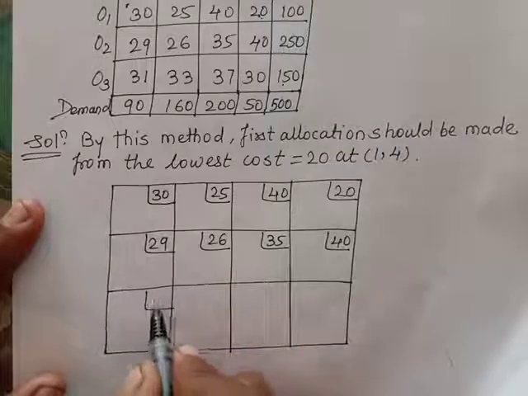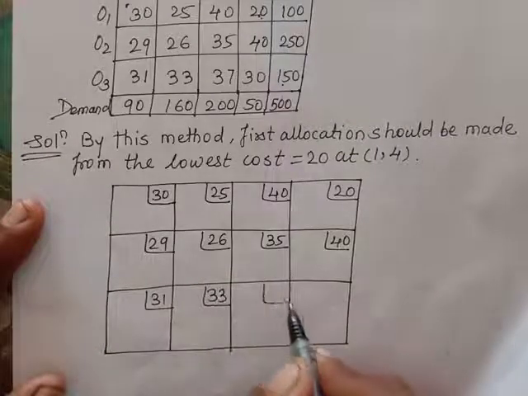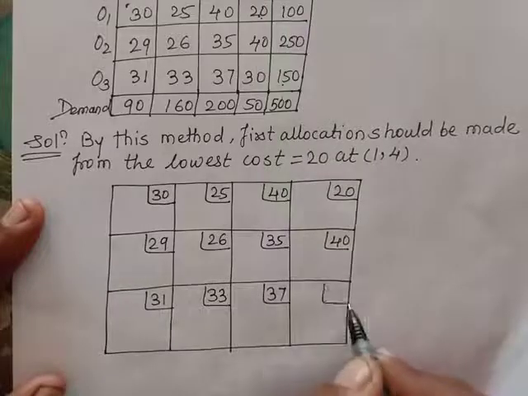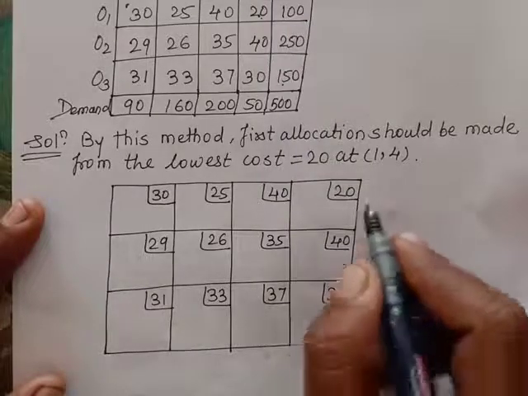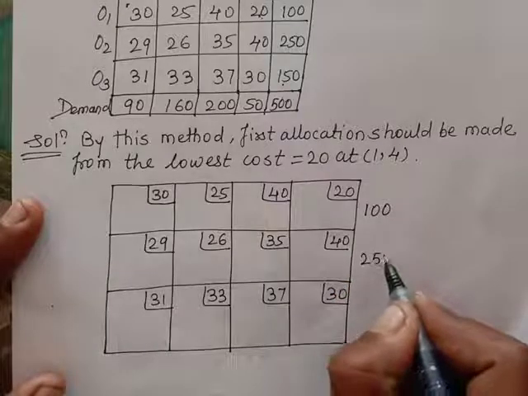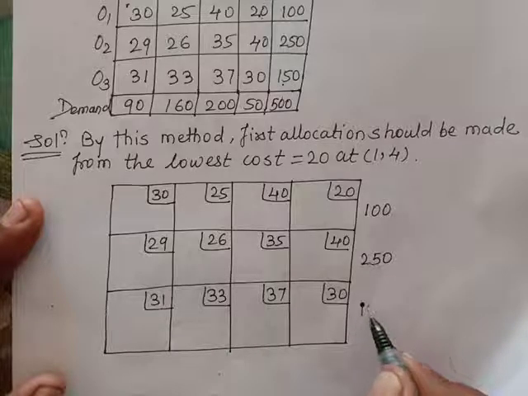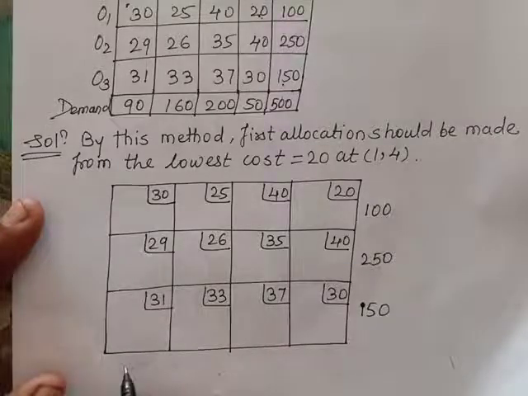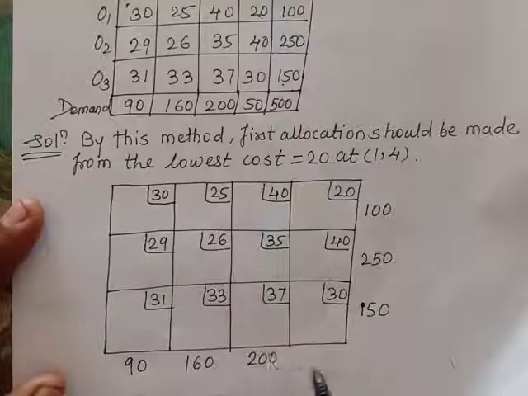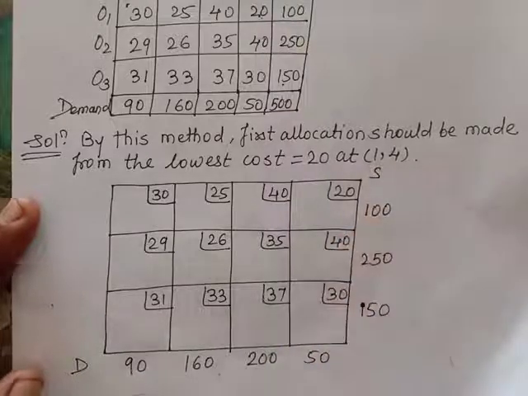Here 31, 33, 37 and 30. Here we will write the supply in front of that: that's 100, this is 250, this is 150. This is 90, this is 160, and this is 250. This is demand and this one is supply.